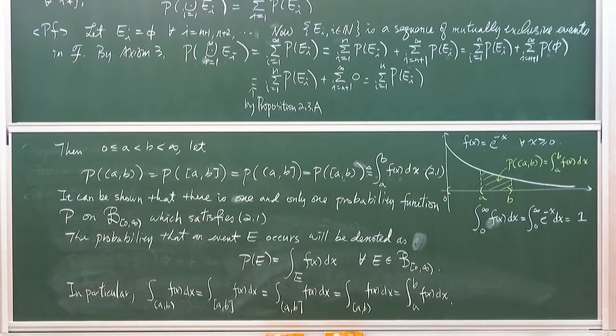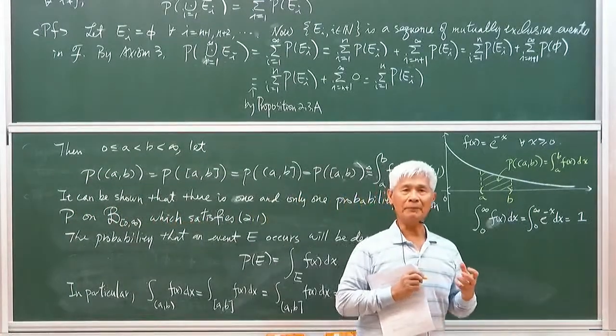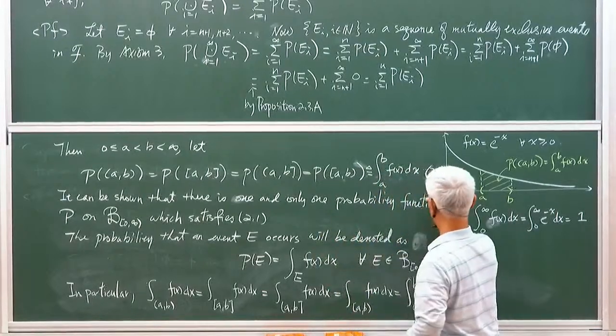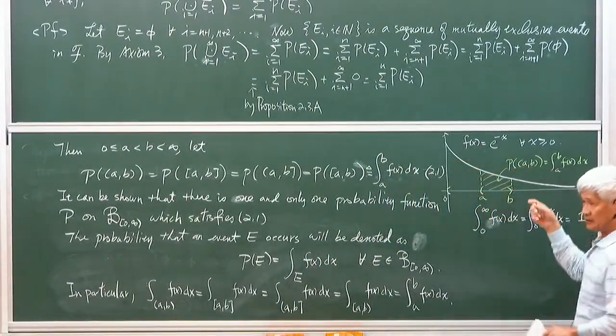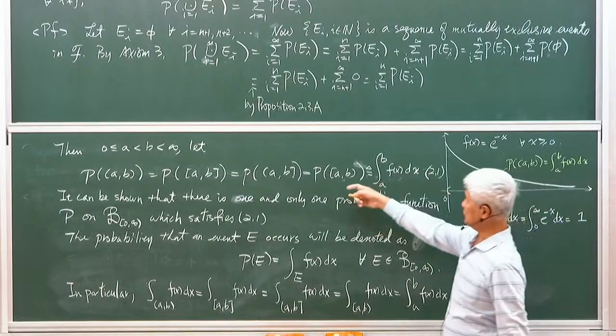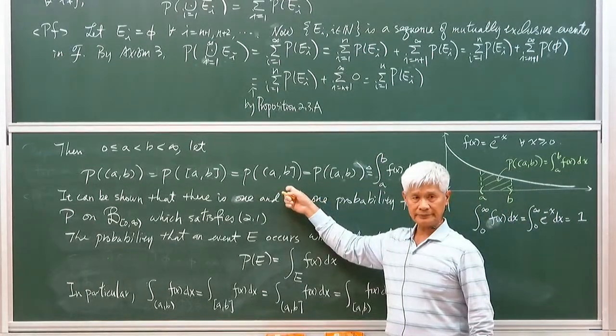Every factory has their own probability density function f of x. Maybe they keep it a secret and we don't know it, but using the probability density function they have, they can do this kind of probability assignment.